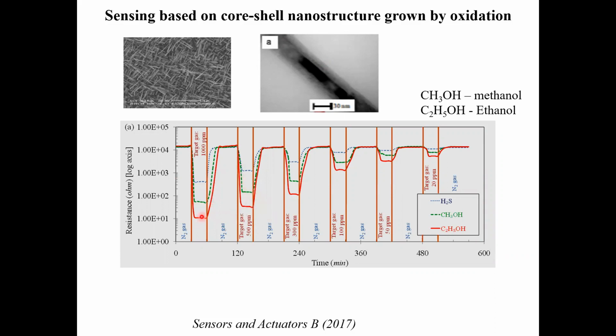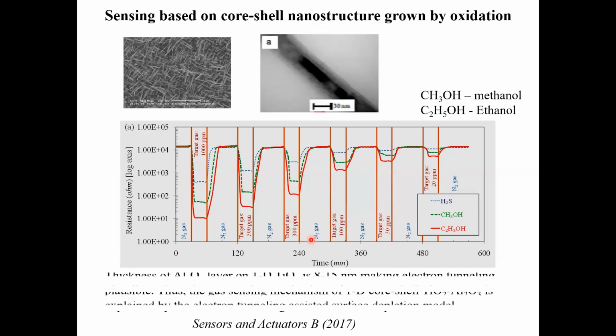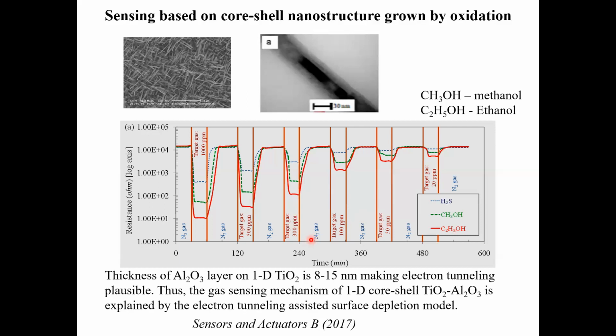And we can see that for different levels of these gases, you get different degree of response. So it works as a pretty good sensing device. It's not quite selective, but nonetheless, it's fairly sensitive to particularly methanol and ethanol.